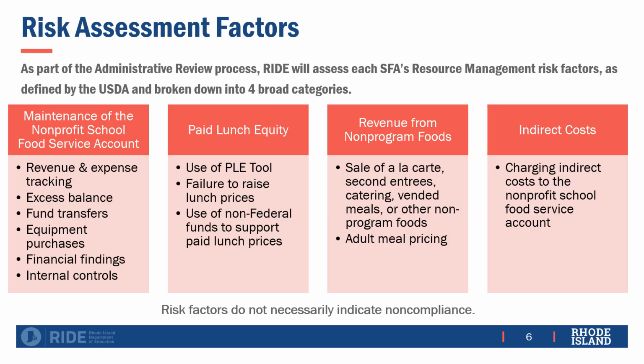As the previous slide shows, there are many components related to resource management. As I mentioned earlier, RIDE maintains oversight over certain components of resource management through ongoing routine processes, such as our annual collection of documentation related to net cash resources and paid lunch equity.